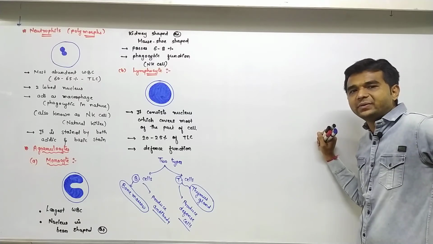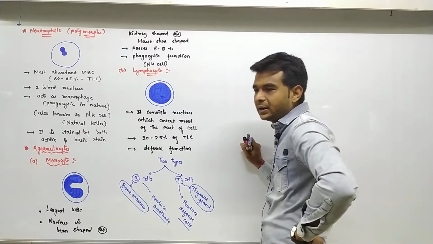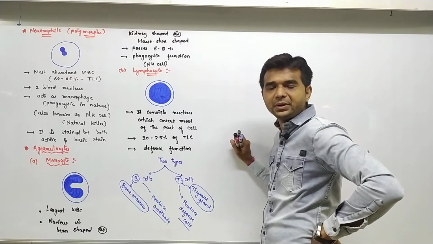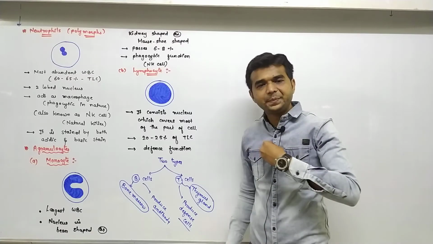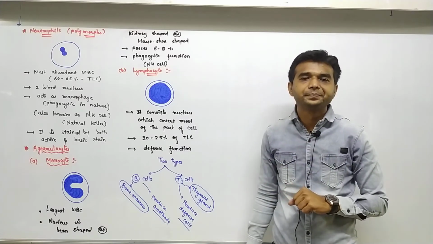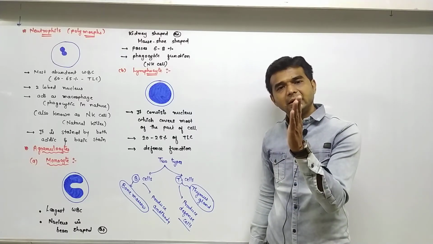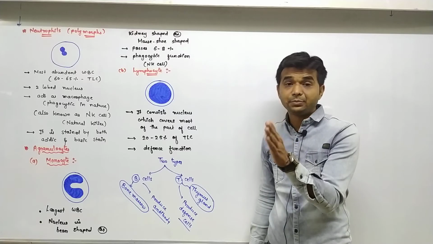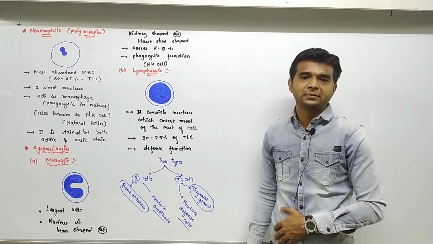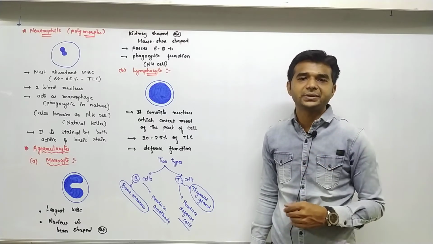Why is the name T cells given? T is for thymus gland. And thymus gland, we will discuss in the 22nd chapter. Thymus gland is present in the chest region, just near the heart. And thymus gland gives the site and atmosphere for maturation of the lymphocytes. And those mature lymphocytes are known as T lymphocytes.